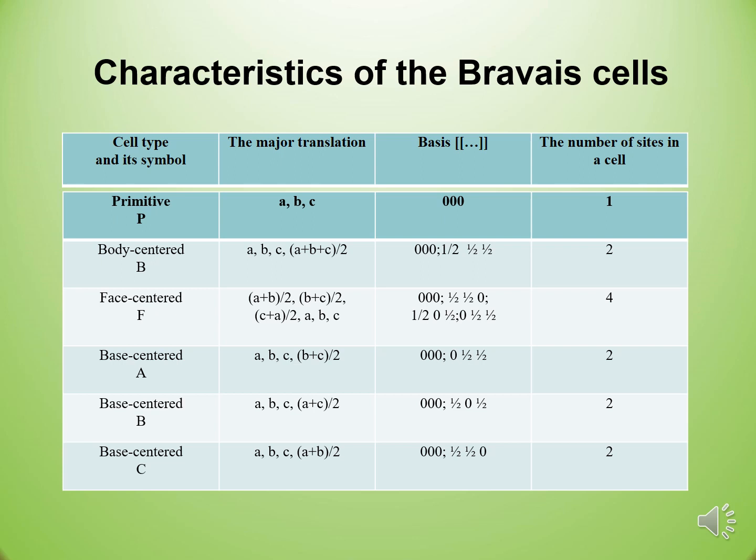The entire crystal structure can be obtained by repeating units of the basis set by translations of the Bravais lattice cell.